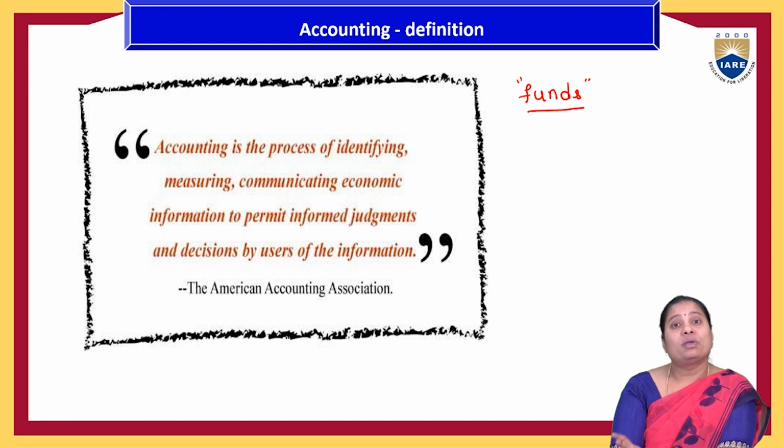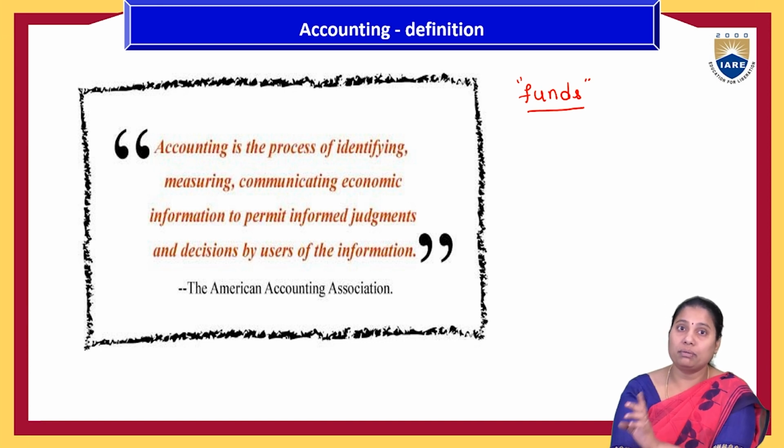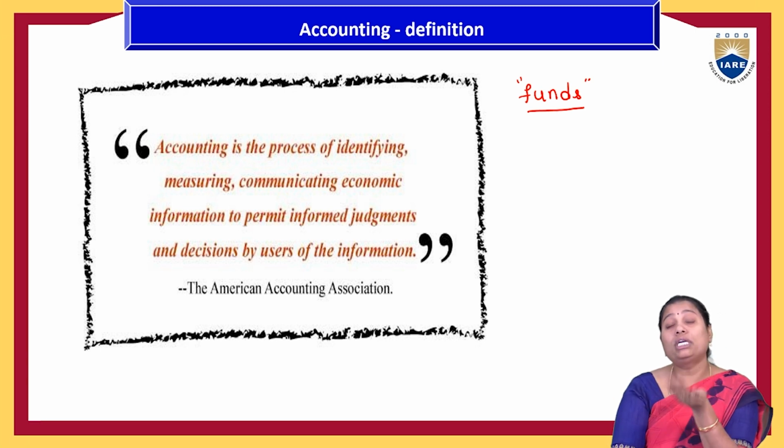At that time, the chain or the gold ornaments you have, if you have kept them as collateral, then previously it was only the gold chain or the gold ring. But whenever you use it for your needs, wants, and desires, then only it will become a fund.